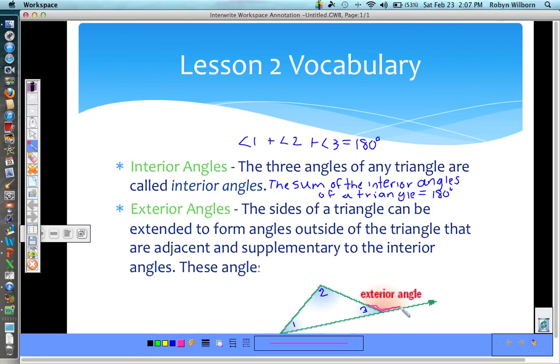And what happens is this: when I extend these side lengths, I can form angles that are adjacent and supplementary to the interior angles. So for example, this one right here.